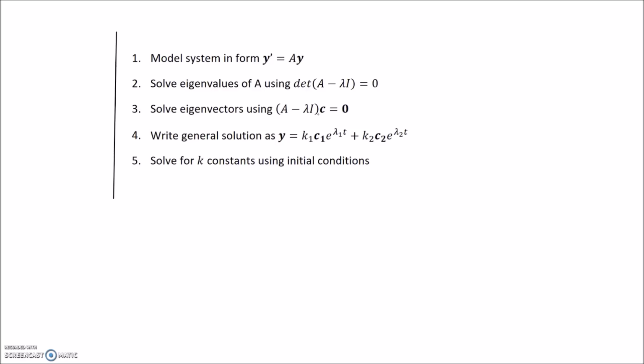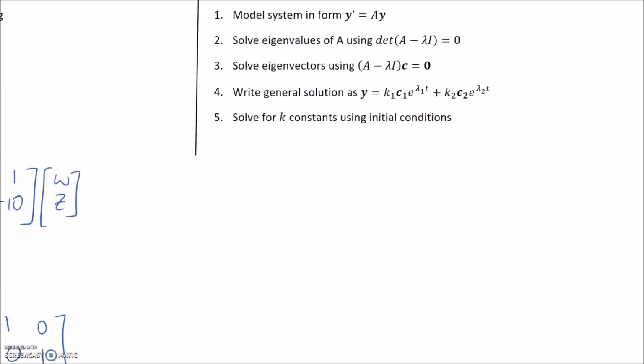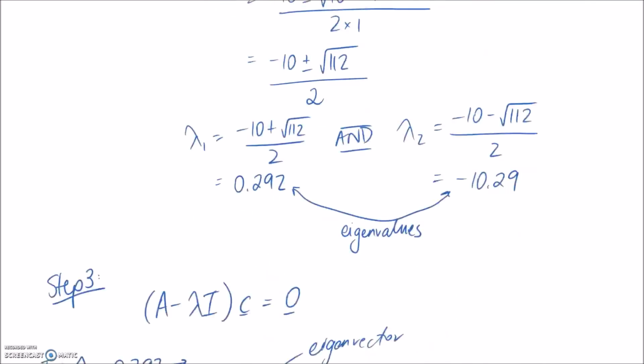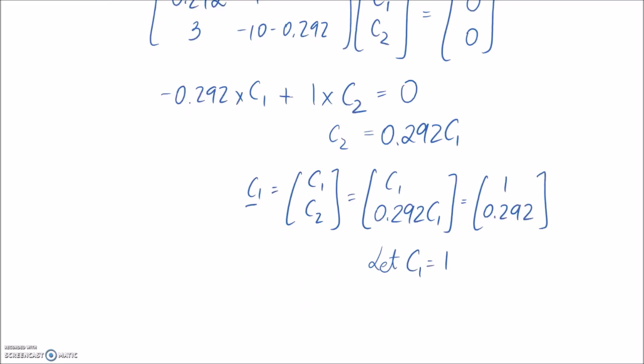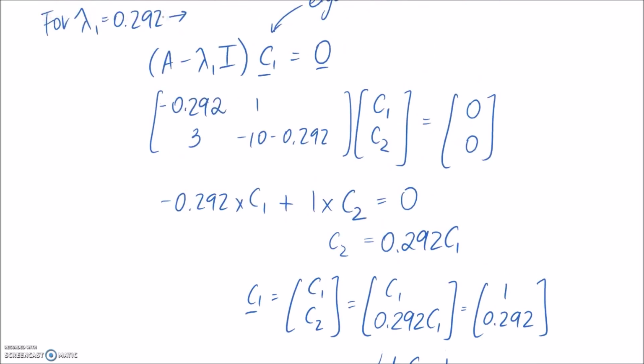Alright, so what we need to do is go through this process again to get the second eigenvector out, which is going to be the C2 that forms our general solution. So in order to do that, we go through exactly the same process as what we did a moment ago.